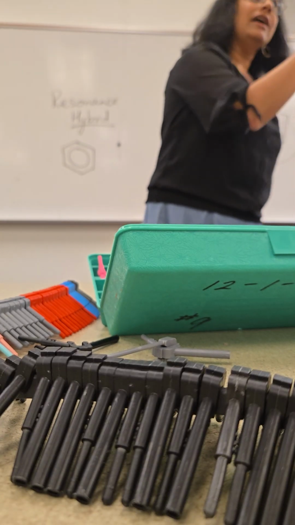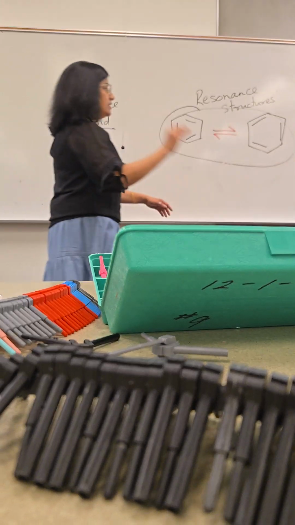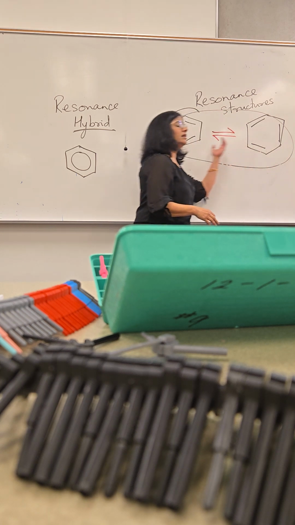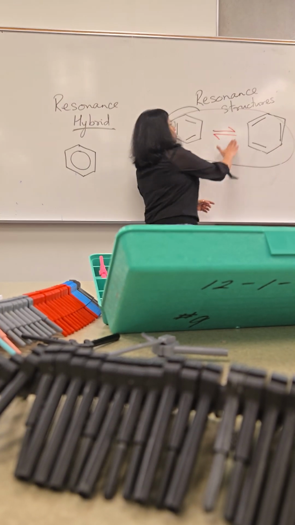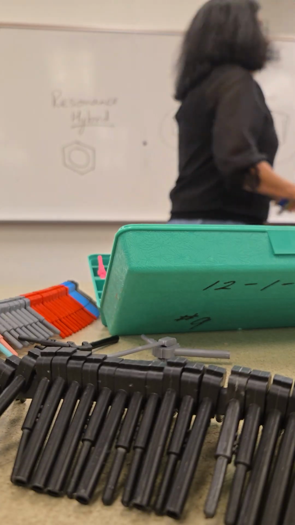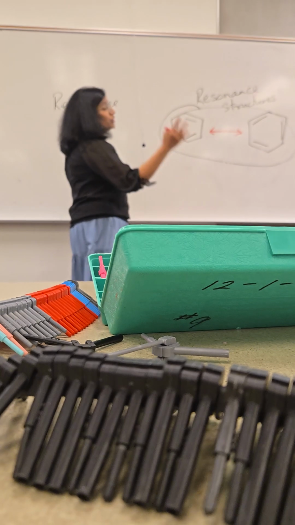But that's a process. Resonance is not a process. Resonance is not that this becomes that and then this becomes that again. No, they don't exist. So how do we denote resonance structures? Not really with equal arrows, because sometimes they're not equal.